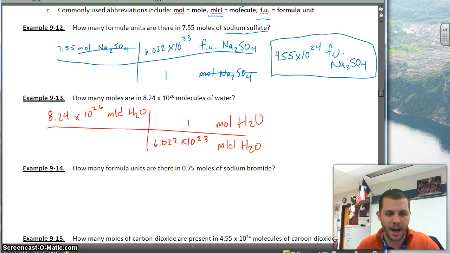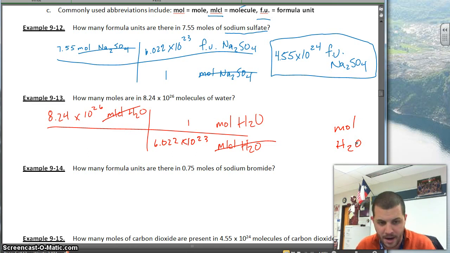Now I can cancel and I'm left with moles of H2O as my unit. I type that into the calculator: 8.24 second E 26 divided by 6.022 second E 23, enter.